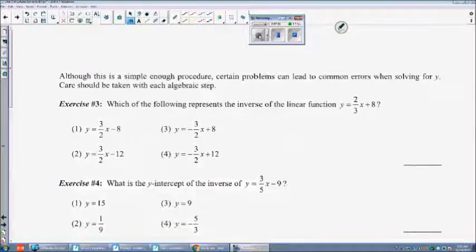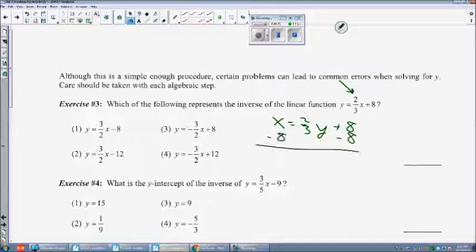Nick says this problem is easy if you remember one thing about fractions. When you're dividing by 2/3, you really multiply by its reciprocal. So x equals 2/3 y plus 8. We subtract 8 from both sides.